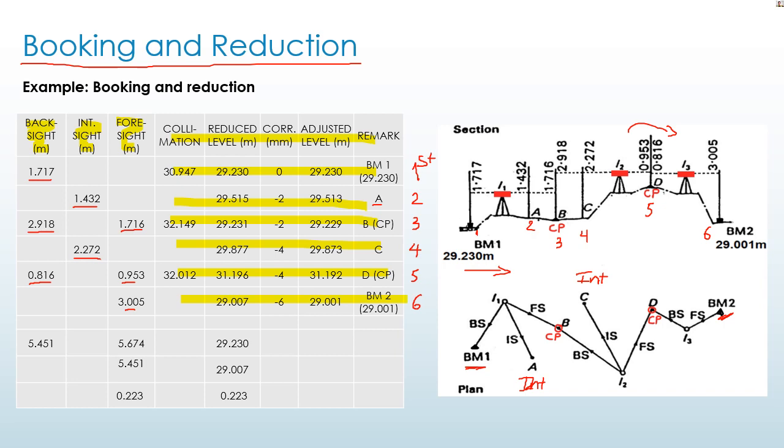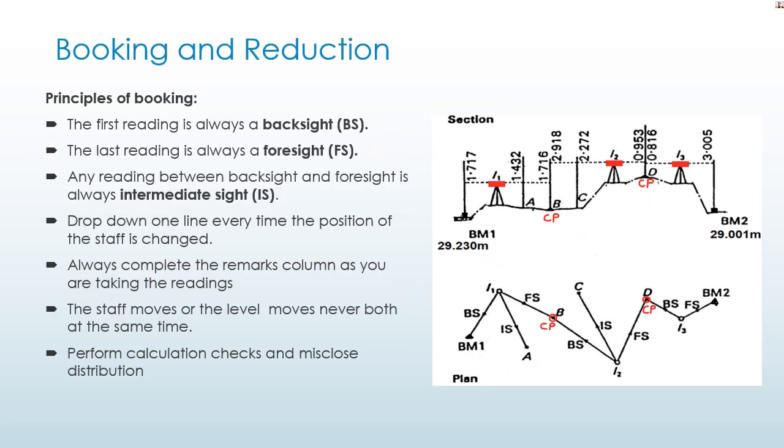So now we are going to move on to the next steps to explain about the calculations. Firstly, we need to know the principles of booking, as we have seen in the table before. Each of the readings will be a backside or a foresight or an intermediate side.